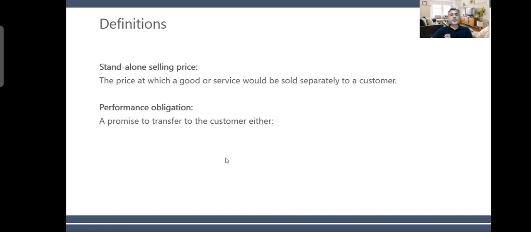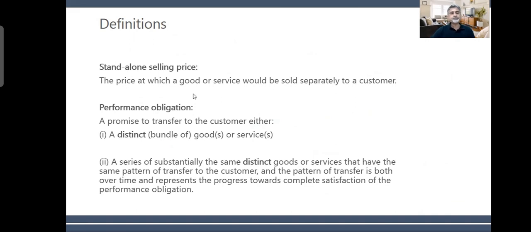We say a promise to transfer to the customer either. So what is a performance obligation? A distinct good or service, a series of substantially the same distinct goods or services.